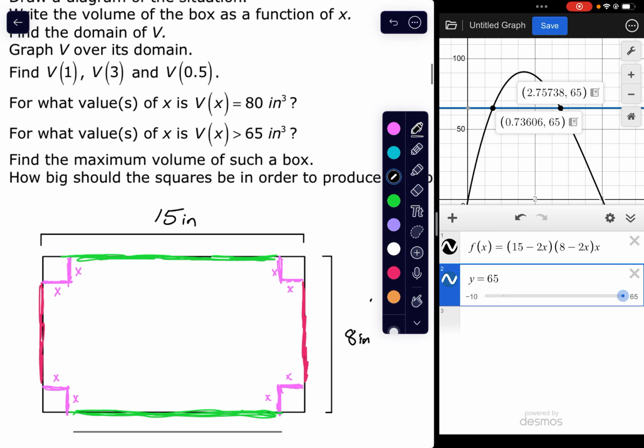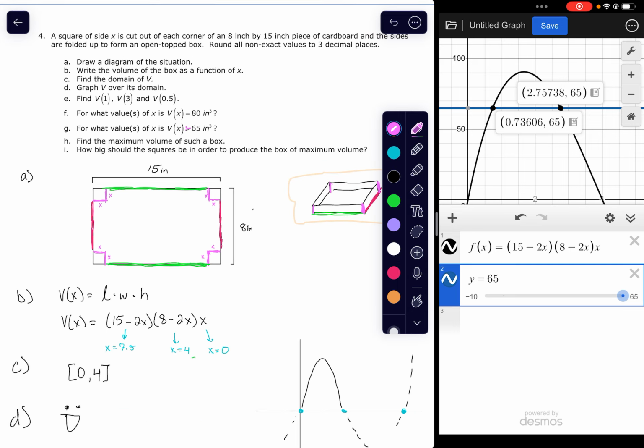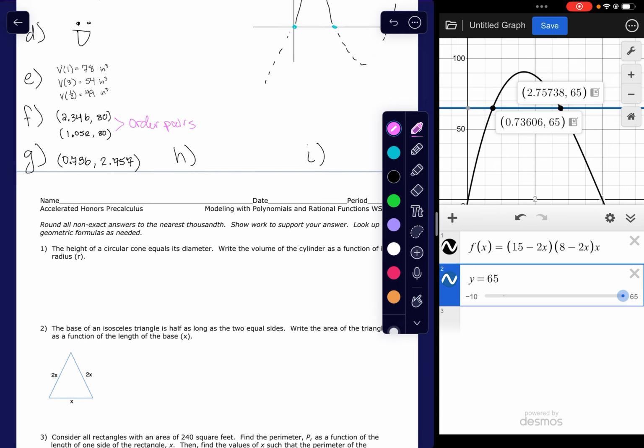I'm going to pay attention to the inequality sign. This is non-inclusive. It's just a greater than, so I'm not going to include brackets here. And note that this is an interval.